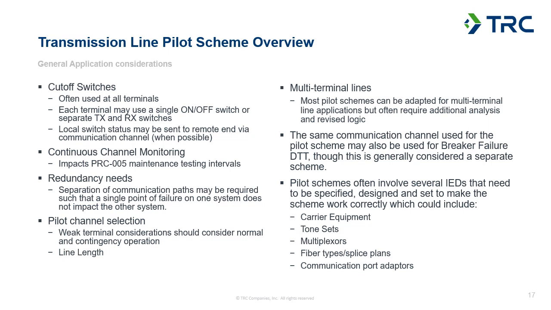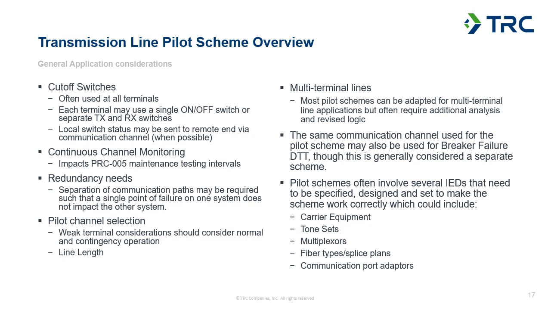Redundancy requirements. So again, oftentimes in the transmission system, we're providing redundant systems. So we'd have 2 relay packages at each terminal, providing protection for the line. As we get into higher voltage systems, sometimes there's more compliance requirements to provide redundancy in the communications channels for those pilot schemes as well, so that there's not a single point of failure.